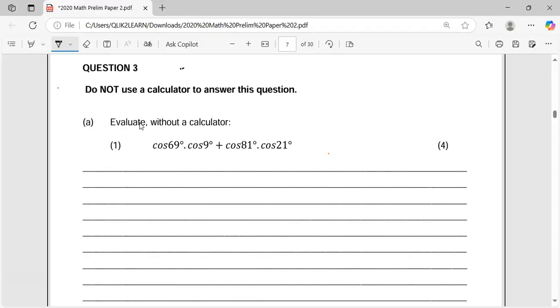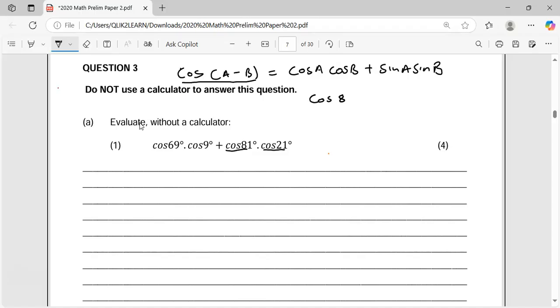Remember, the compound angle for cos of A minus B equals cos A cos B plus sin A sin B. So this tells us that if we can manage to change these two trig ratios into sin A and sin B, we can reduce this and write it as the cos of A minus B.